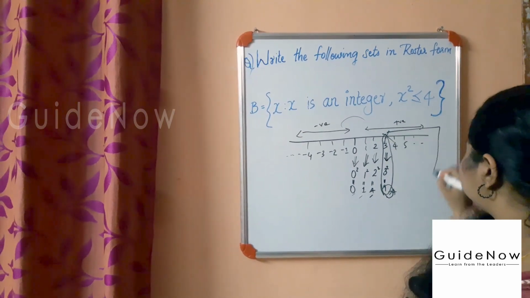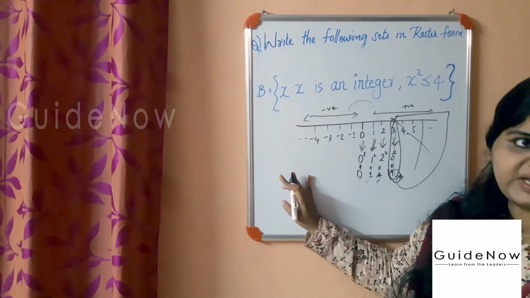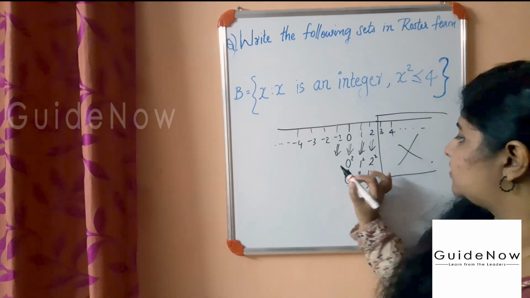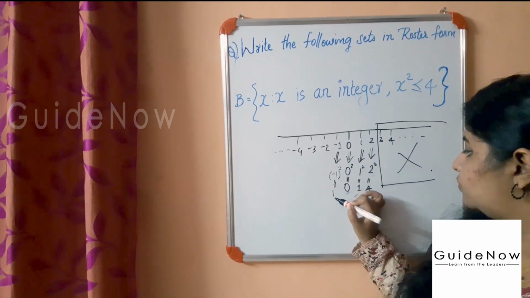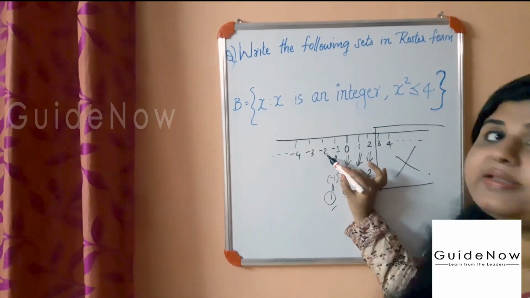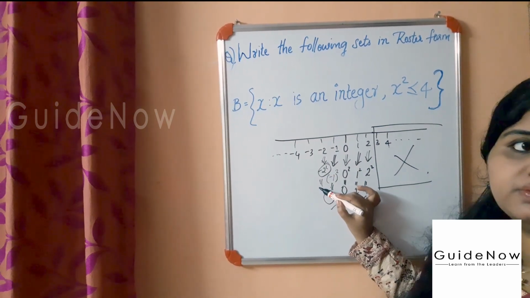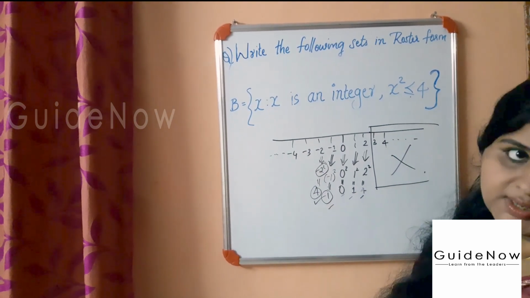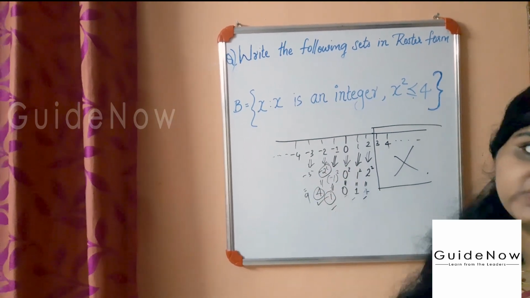Then on the negative side. What is negative 1 square? Minus 1 square is equal to positive 1, which also satisfies the condition. Next, negative 2 square is equal to positive 4, which also satisfies the condition. Next, negative 3 square is equal to positive 9.